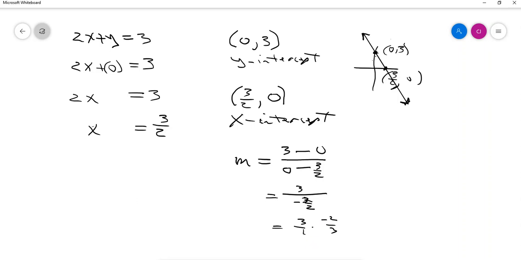When we multiply those fractions out, this and this is 1, so I get negative 2. So my slope of this line is negative 2.